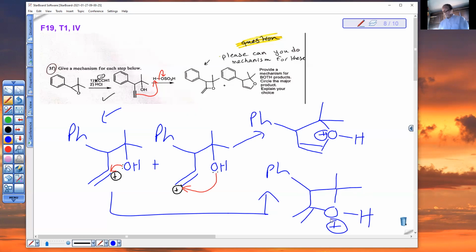And how do we make this into that product, which I would probably have to circle? Explain my choice. It's not about carbocation stability, is it? You'd have to compare this and say, this one's more stable than this because it's more hyperconjugated, because it's more substituted. But then you realize, wait a minute, I just circled a product that has ring size 4 if you circle this one by mistake. That's highly strained.